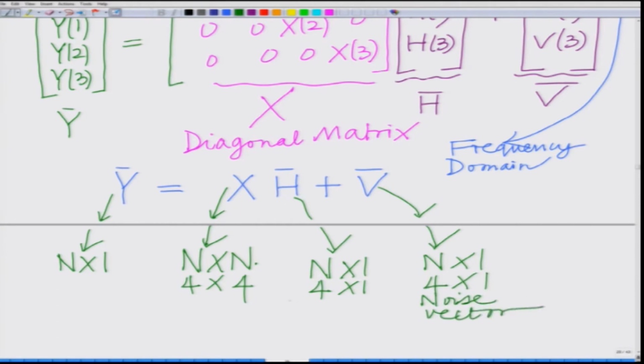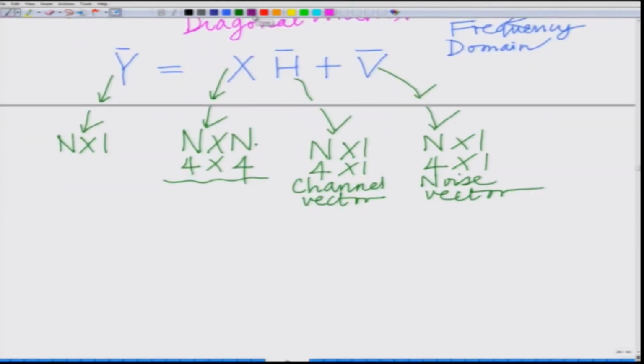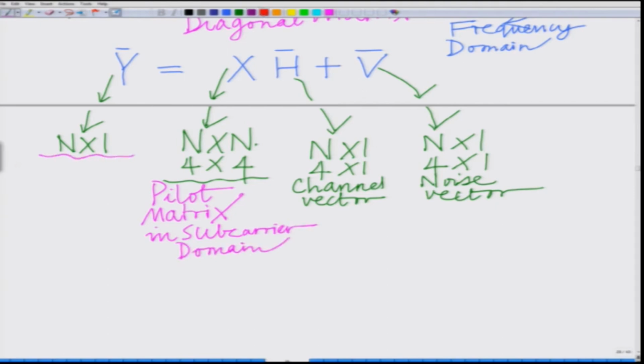This is your equivalent channel vector. You can think of this as your channel vector in the frequency domain, and you can think of this as the pilot matrix in the subcarrier domain, that is the diagonal matrix X, if you are transmitting pilot symbols onto the subcarriers. And this is the received pilot outputs in the subcarrier domain.